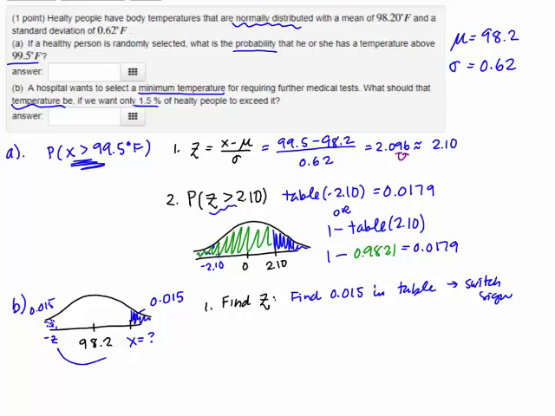By symmetry, we can cook it up and find it on the other side, or we need to find the area to the left of this 0.015, 1 minus 0.015, that's all this area, and find that z value. So you have to pay for it either way. Either switch the sign or find the complement of the area. Let's find the complement of the area.